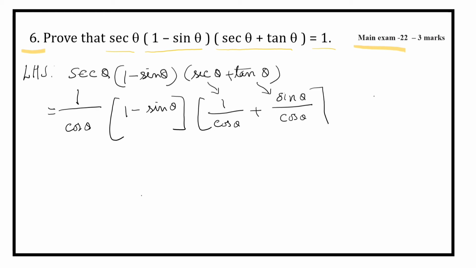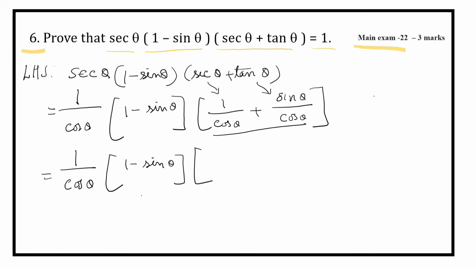Our first task is over. Now let it be like this only, 1 by cos theta. Here 1 minus sin theta. Here we can take LCM, cos theta, 1 plus sin theta.